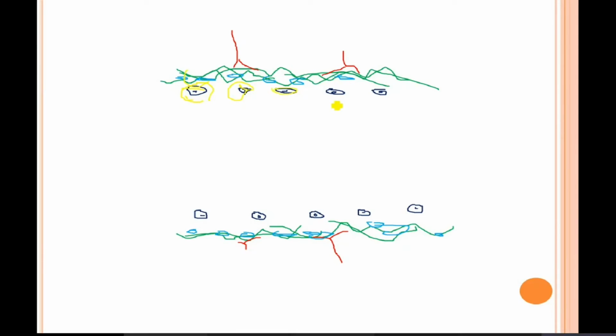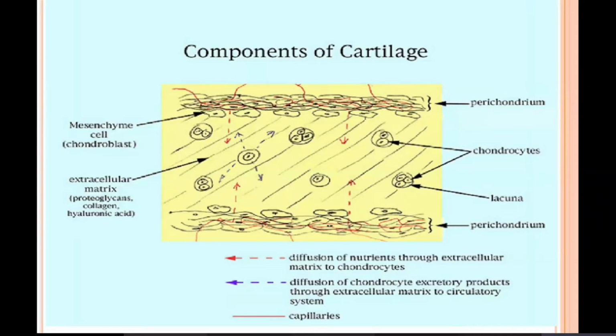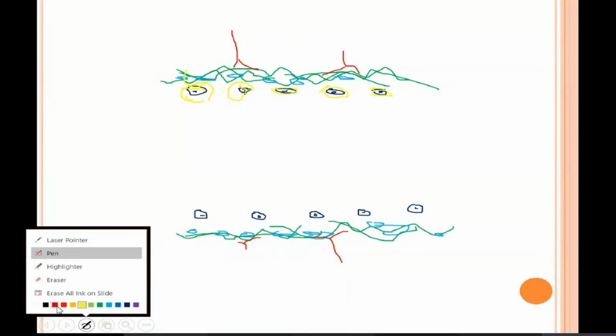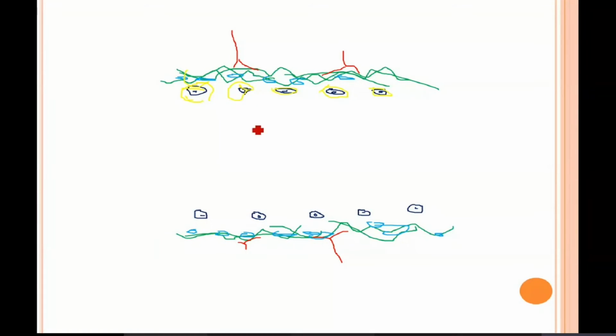They continue producing their sugar based gels on both sides, and then finally they become embedded themselves within that gel.